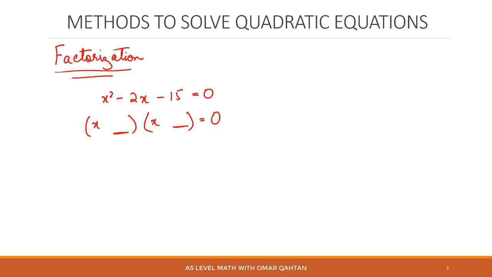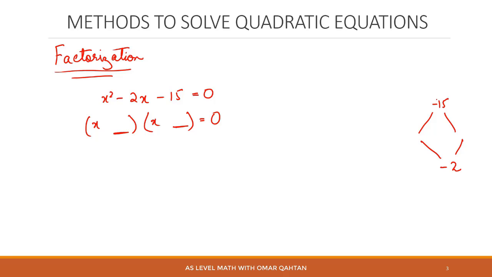If you add those two numbers, it should give you minus 2, and if you multiply these two numbers, it should give you minus 15. So you have to look for those two numbers.